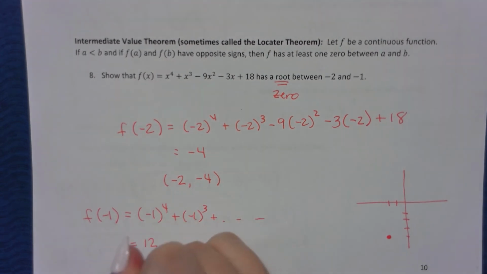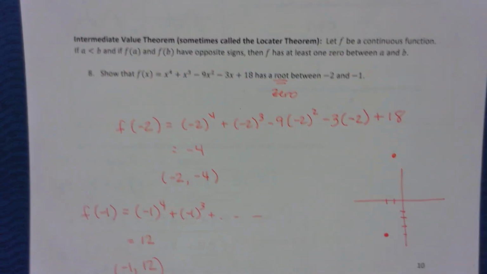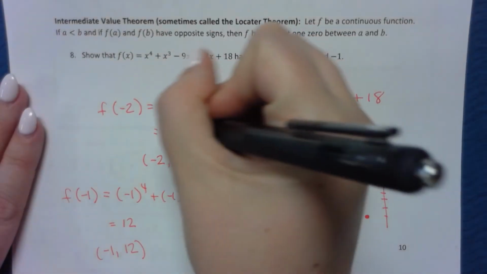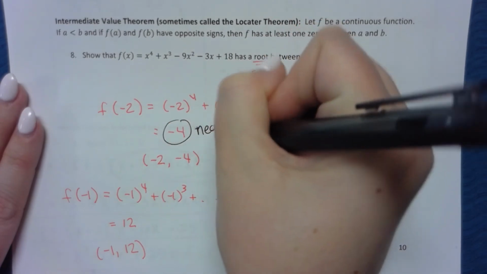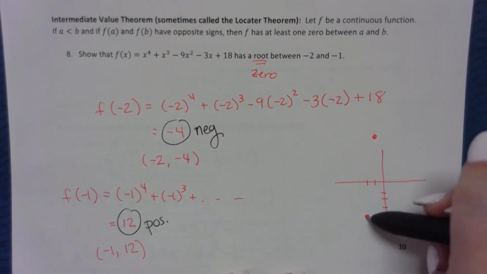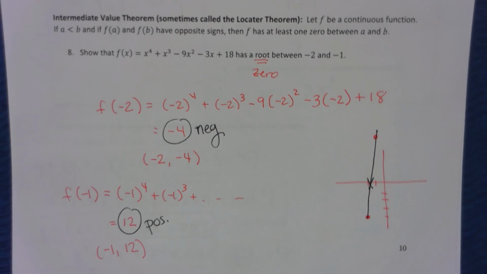So what that is saying is at -1, the y value is 12. Because this is a negative number and this is a positive number, if I go from -2 to -1, I have to cross the axis here.